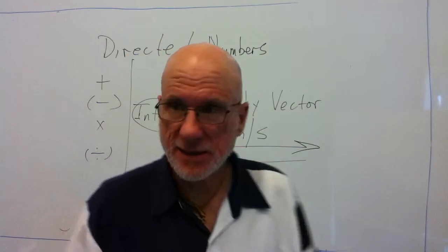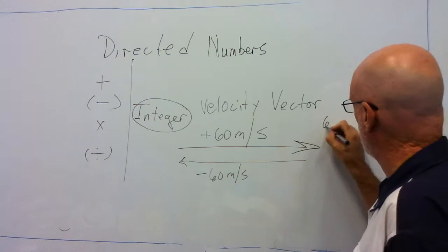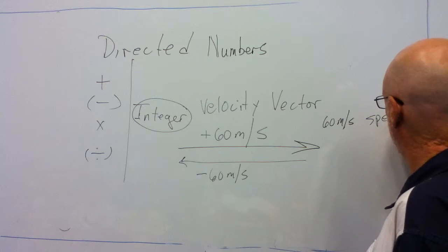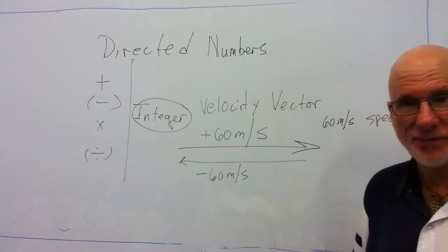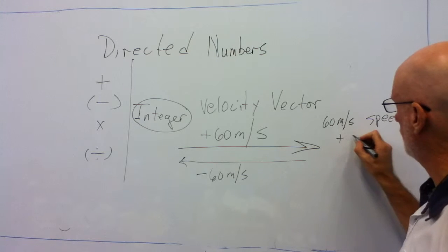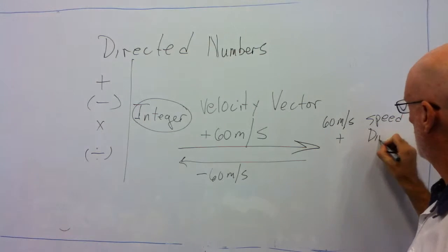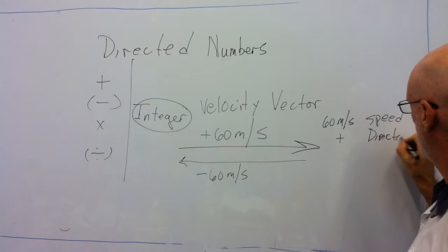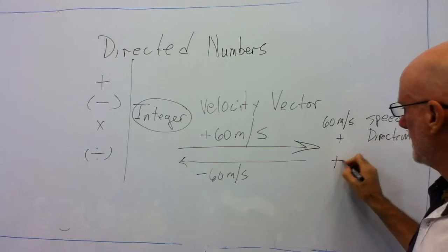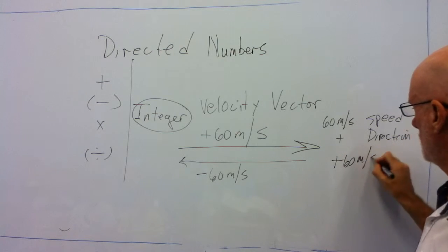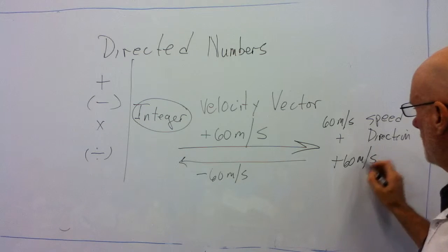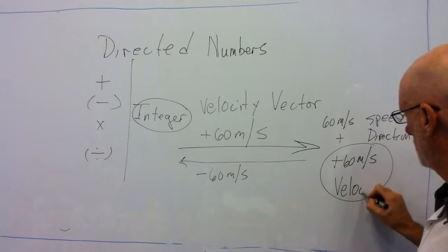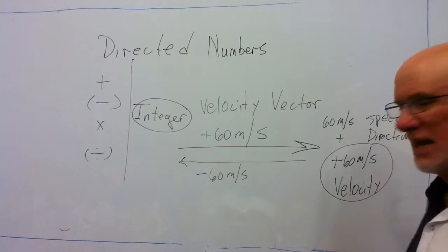Well, this 60 meters per second is called the speed. The positive is called the direction. Plus 60 meters per second is called the velocity.